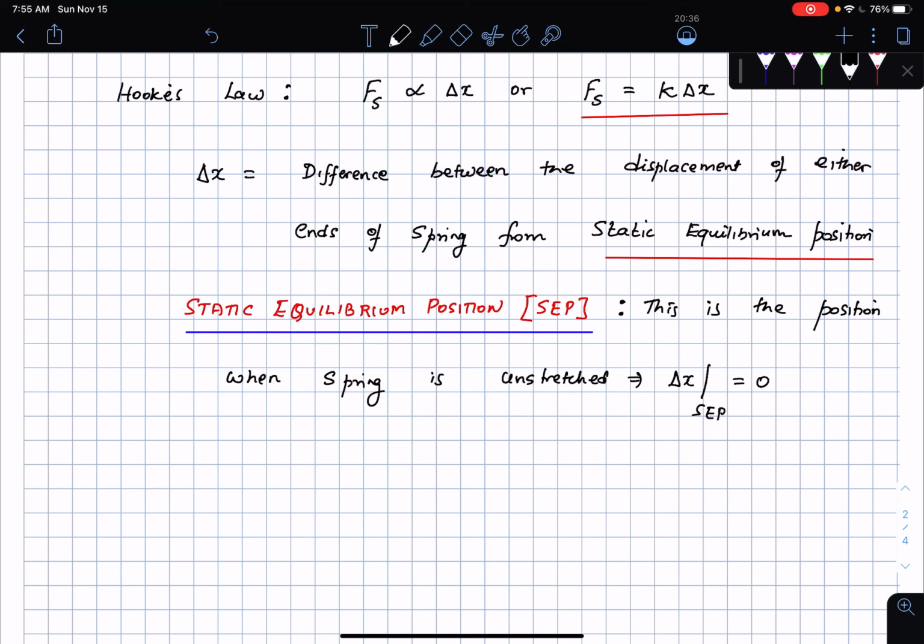So if you want to think of it this way, the stiffness K denotes the force required to cause a unit deflection in the spring.